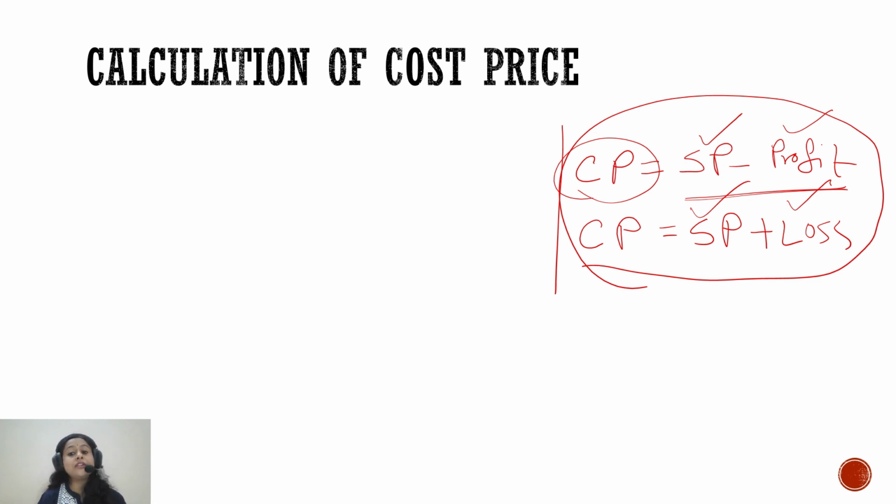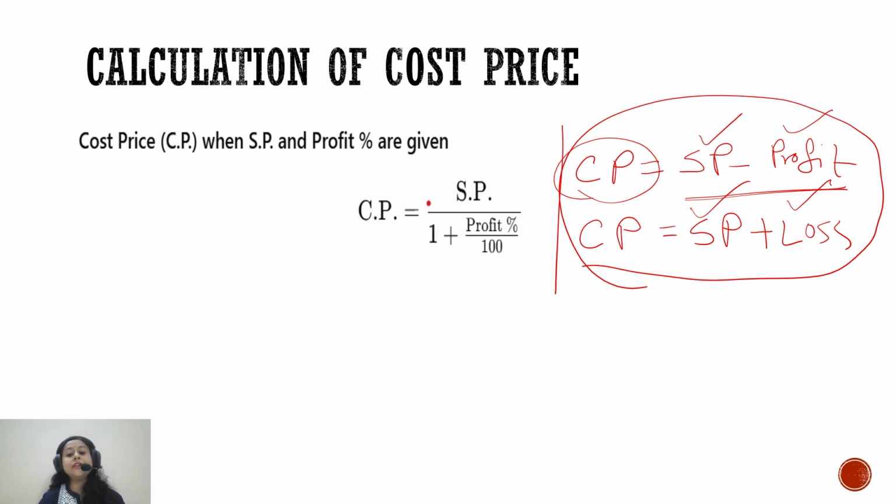And if it is given in percentage terms, same, it will just be the reciprocal of what we learned in the previous slide. It will be selling price by 1 plus profit percentage. So earlier it was cost price into 1 plus profit percentage, but here it will be selling price by 1 plus profit percentage.